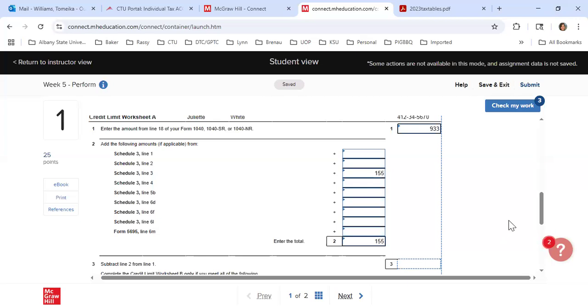Box 3 wants us to subtract line 2 from line 1. So 933 minus 155 gives us 778 to place in box 3. Please confirm you have this before we go down to the bottom of this form.